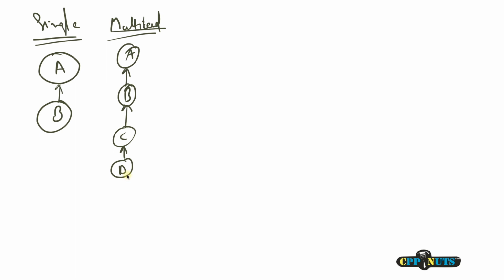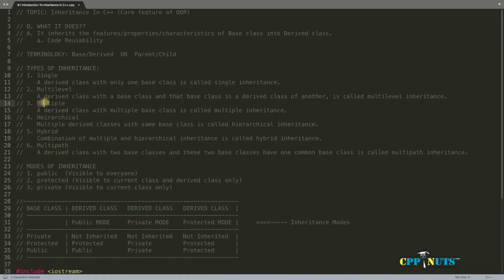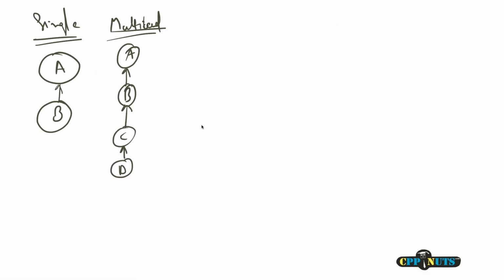Let's look at another inheritance. Another one is multiple inheritance. Multiple inheritance is nothing but a derived class with multiple base classes. What does it mean? In multiple inheritance, you will have several base classes and you will inherit those base classes into one derived class.